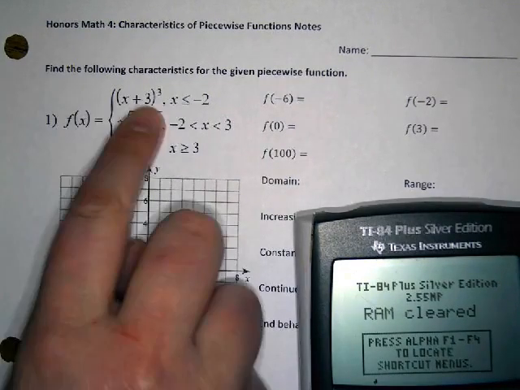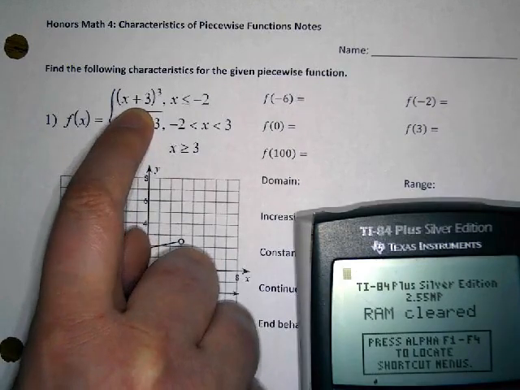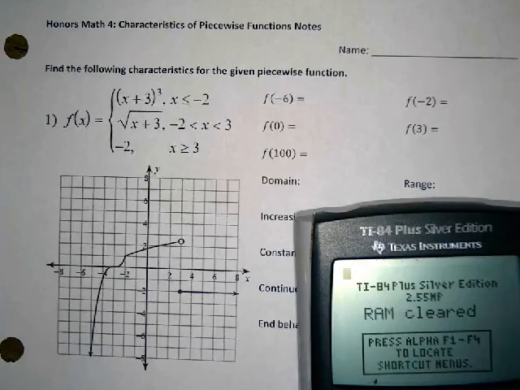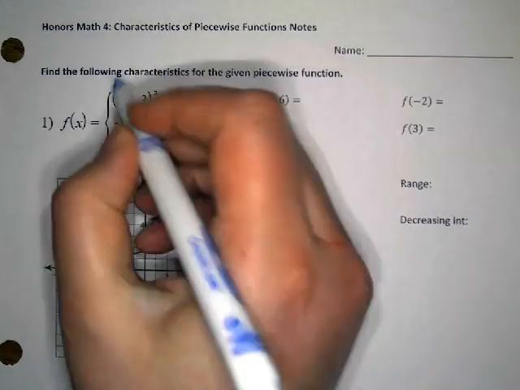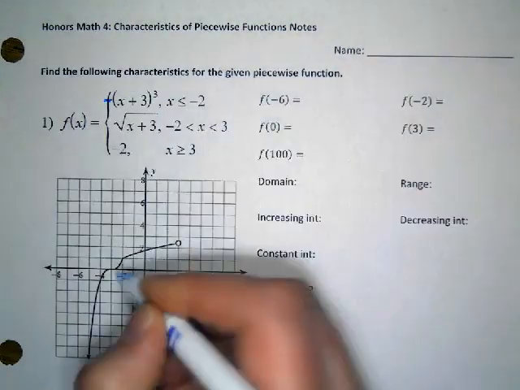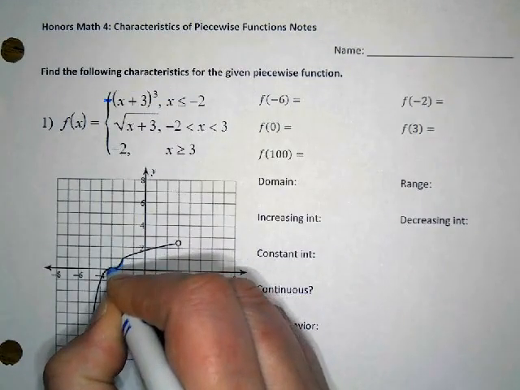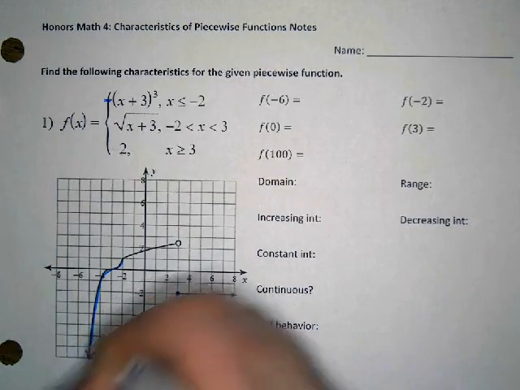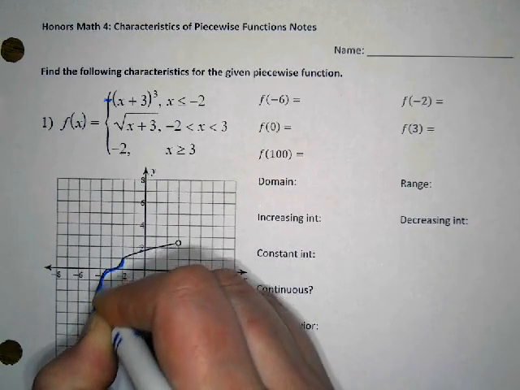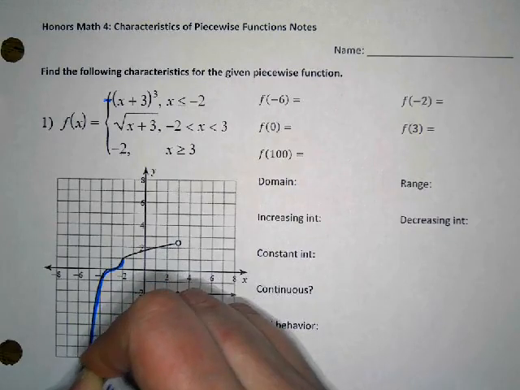So it says to use the cubic graph if x is less than or equal to -2. So I'm going to make this one blue. There's my cubic graph.